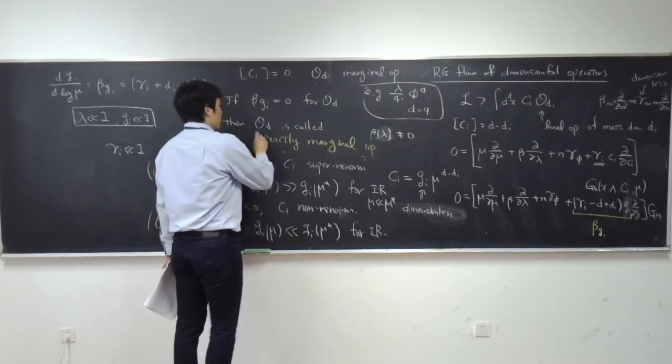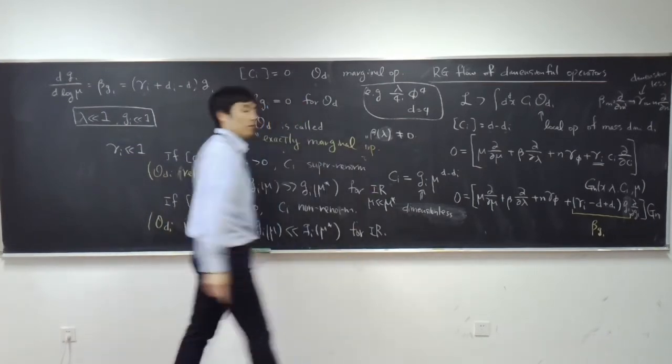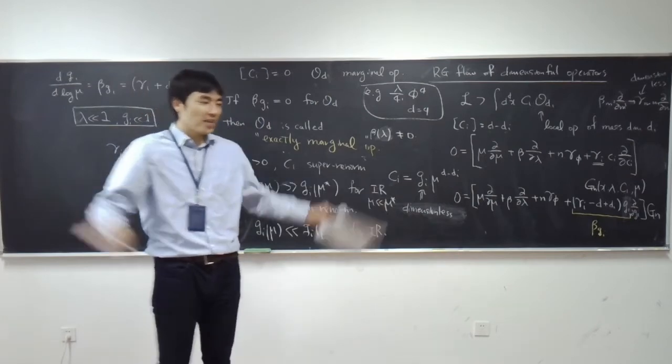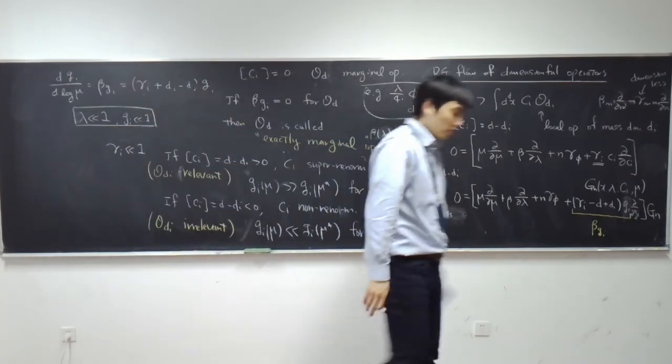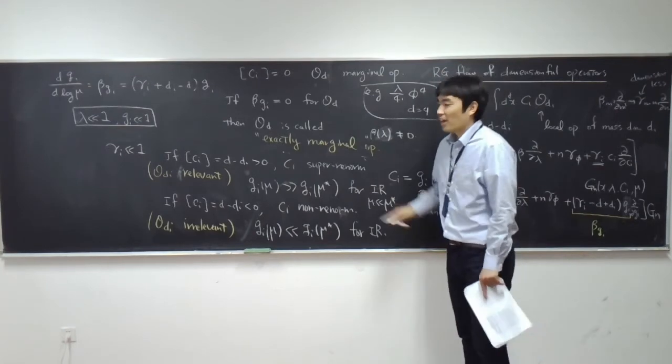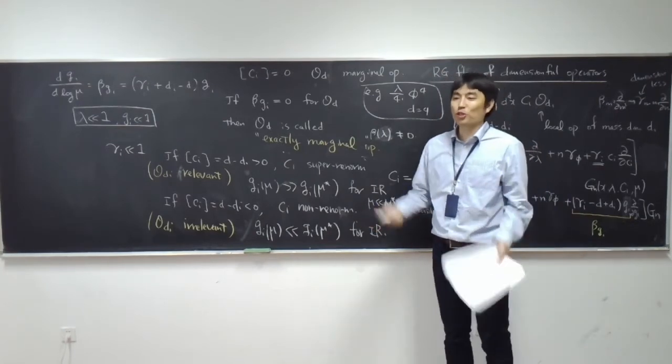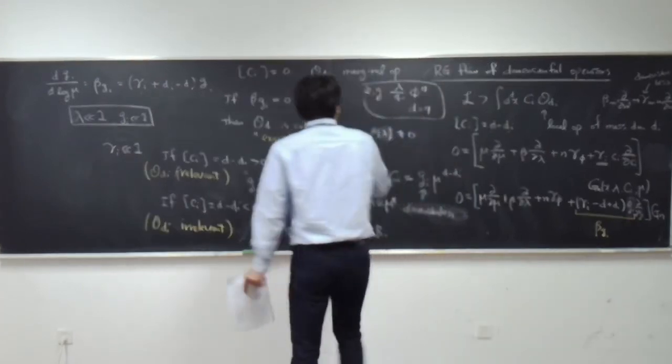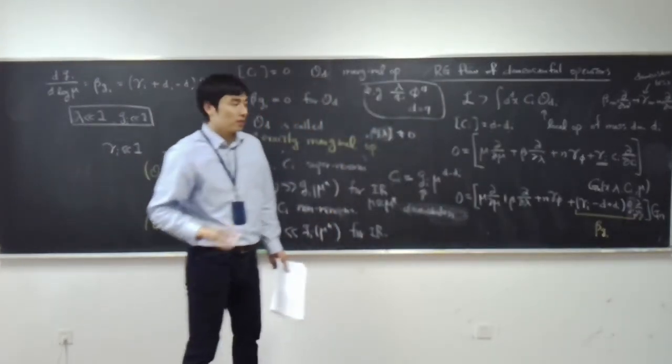This is called exactly marginal operator. That will give you the so-called space of conformal field theories. This is a very, very important topic. And if you use supersymmetry, this often has some geometric meaning.